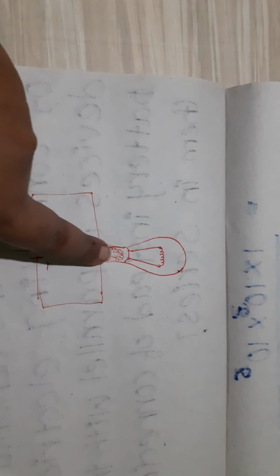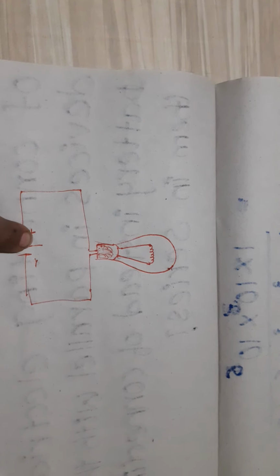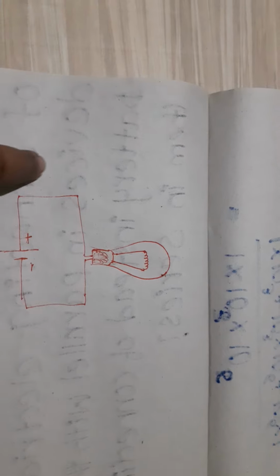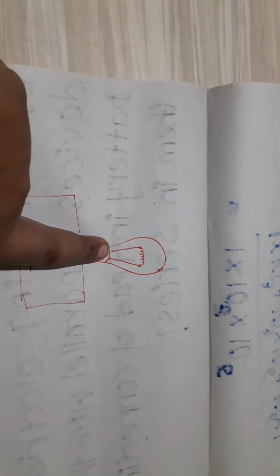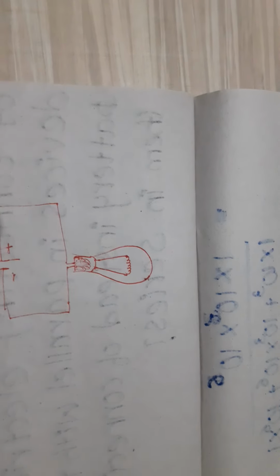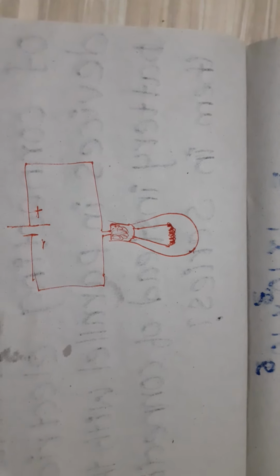So this electric bulb is connected to the battery. When we switch on this electric circuit, the electrons pass through the electric bulb. First of all, the electrons reach the filament, and the filament starts to glow.